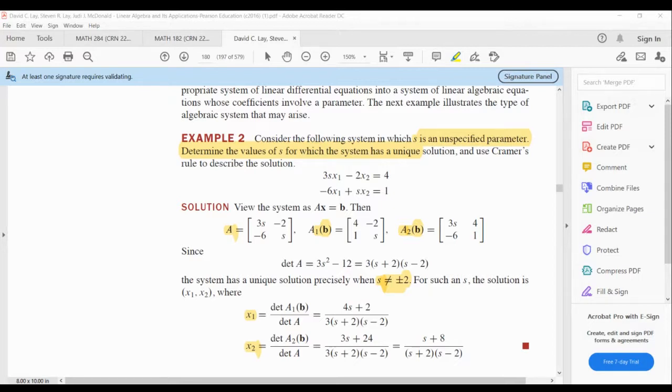Let's see, the B is in column 1 for A1B. That's correct. And then, yes, that's right.